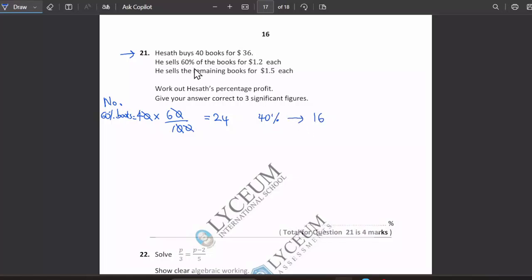Okay. So the 60% books he sold for 1.2. Let's find the income in 60% books. So that's 24 times 1.2, and the income in 40% books.